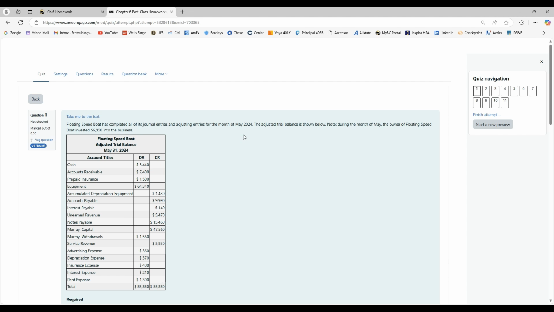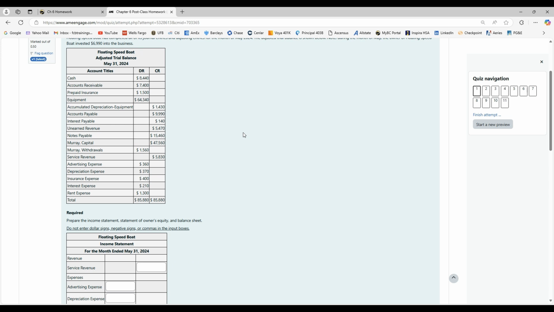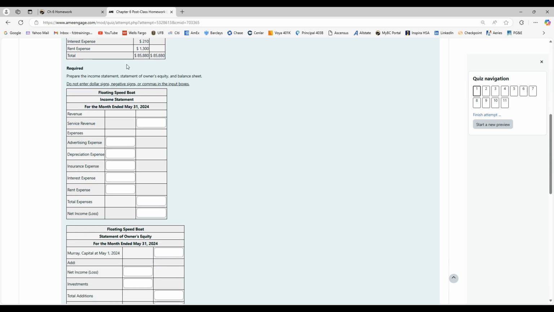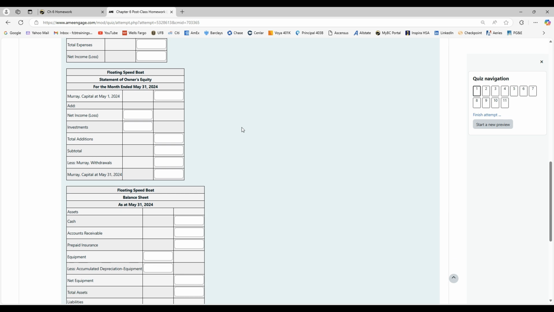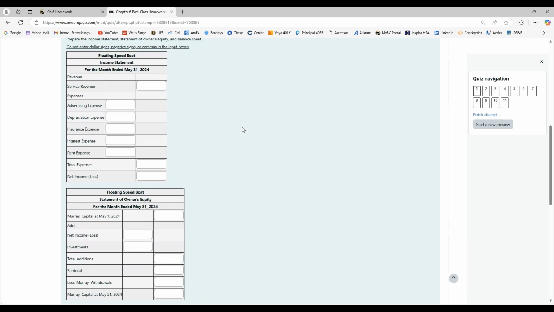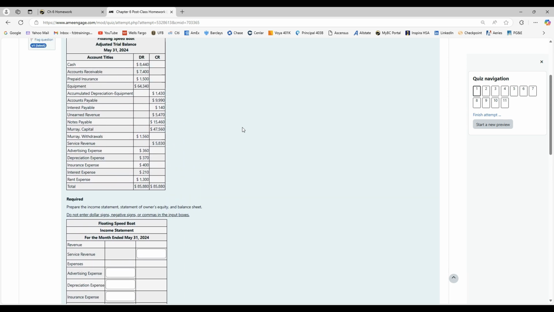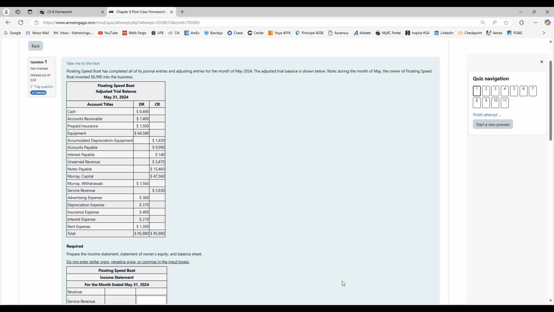Okay, so for question number 1, we have an adjusted trial balance, and our task here is to prepare the financial statements, basically the income statement, statement of owner's equity, and the balance sheet.